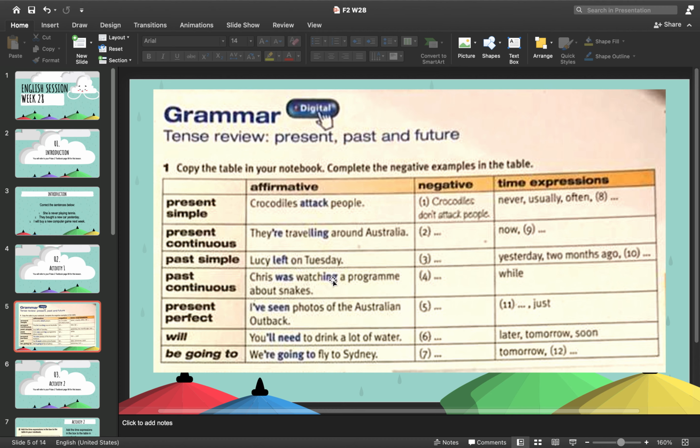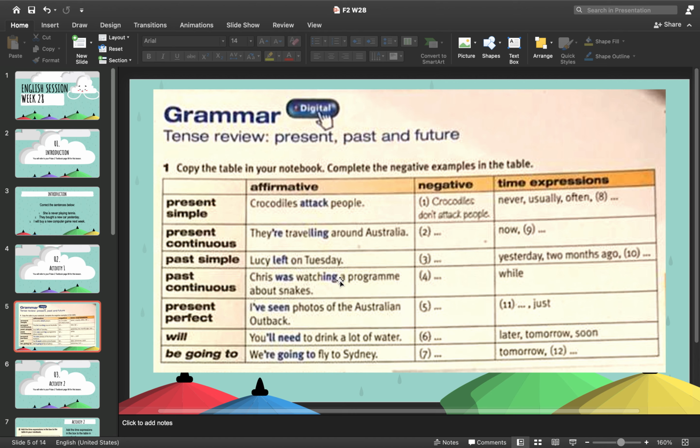Chris ni sedang menonton sebuah rancangan mengenai ular sambil makan, ataupun sambil lipat kain, okay, while doing the laundry or doing the dishes or sweeping the floor, anything. Tapi kalau kamu nak cakap dia tengah buat apa waktu tu yang sudah lepas, kamu pakai macam ni, was watching. Ini untuk singular ya. Kalau untuk plural, were, W-E-R-E.